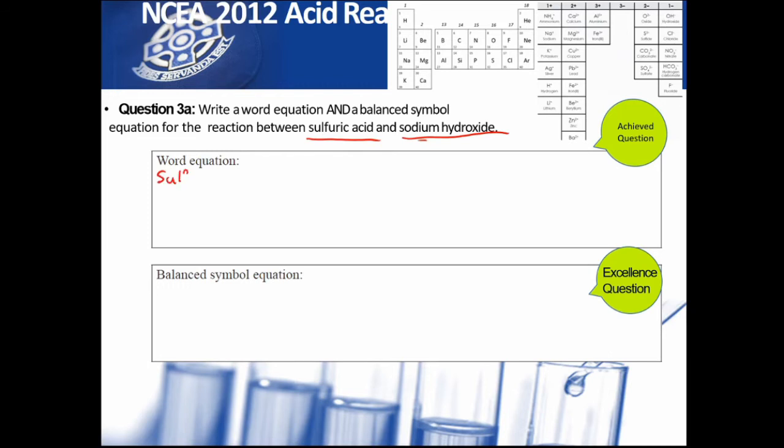Sulfuric acid plus sodium hydroxide. Yay! Sodium hydroxide. I see the word hydroxide. What do I immediately write? Base. Okay? Base plus acid will give us water and a salt.